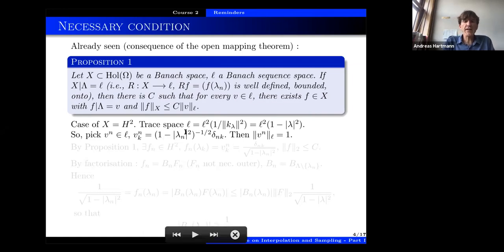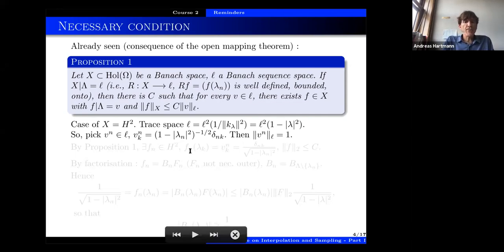And in lambda n, I take the value 1 over the square root of 1 minus |lambda n|^2. Okay, all the points are 0 except in lambda n, where it's exactly the norm of k lambda. And if I compute the norm in this little L sequence space, then of course I get that this norm has to be 1, because it takes just one value, which is 1 over the weight.